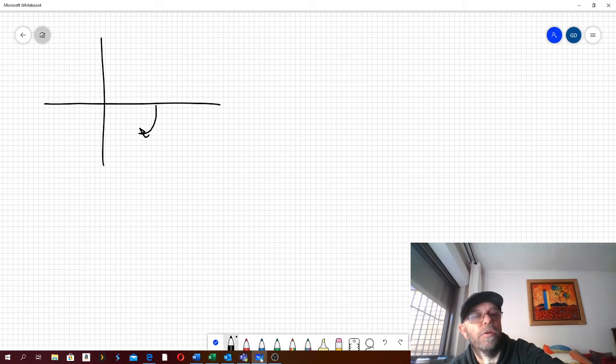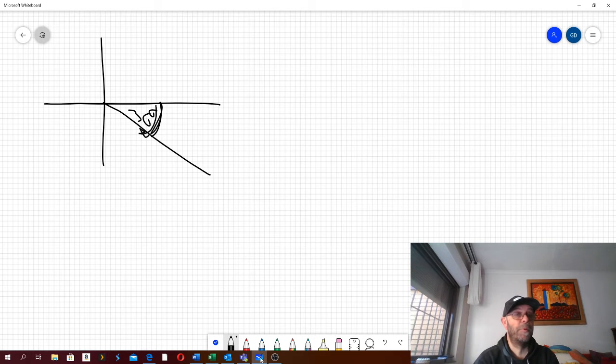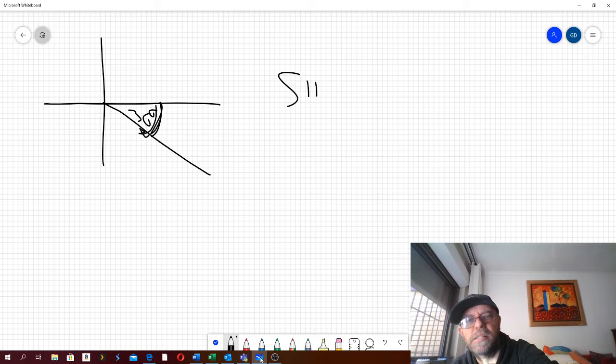I'm not going anti-clockwise, I'm going clockwise. So negative 30 is an angle that is 30 degrees going this way. You'll see that it ends up in quadrant 4, and you know that sine is negative for quadrant 4. So there's a couple of ways of looking at this. I'm just going to write sine minus 30 on the screen.